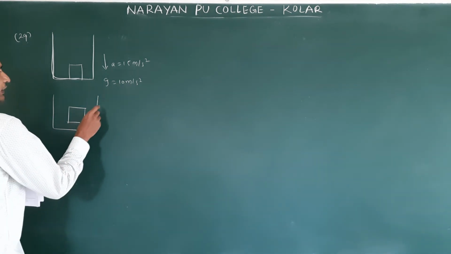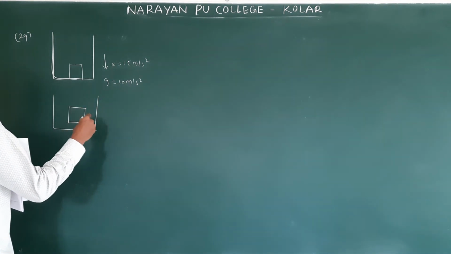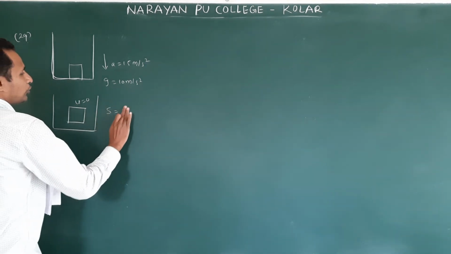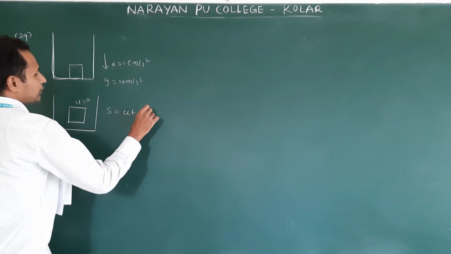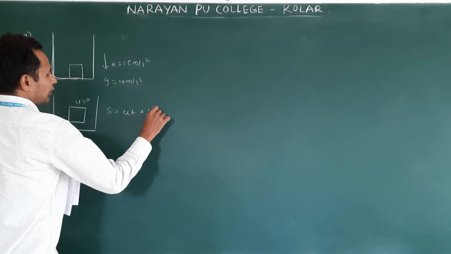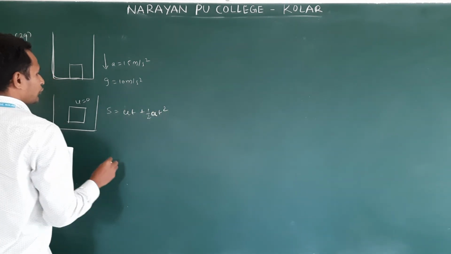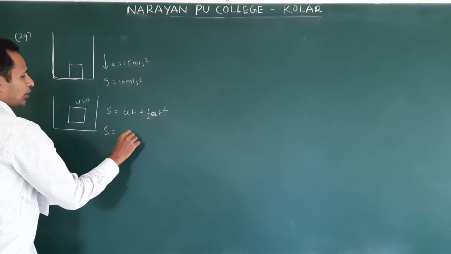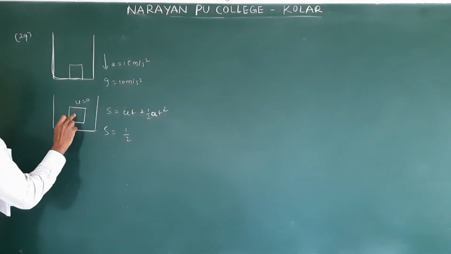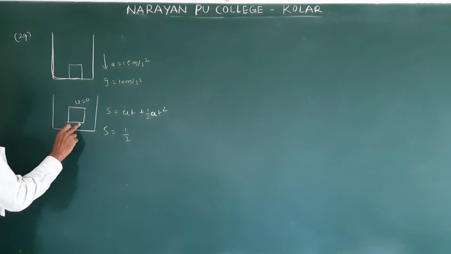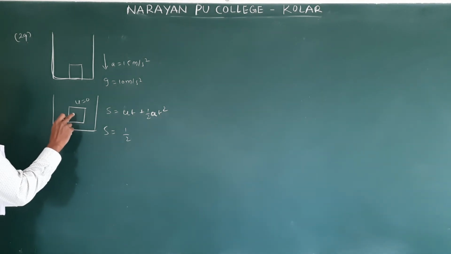Initially, before the start, the initial velocity is 0. Then displacement s is equal to ut plus half at square. So s is equal to u is 0, plus half of what is the acceleration of this block? Once it is separated from the cabin, which acceleration acts on this object?